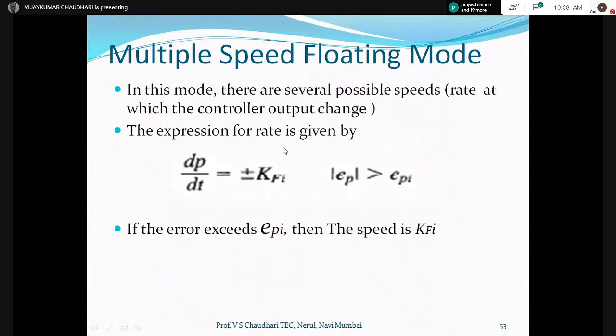The expression for the rate is dp by dt equal to plus or minus k. There it was only k; it can be plus or minus k1, plus or minus k2, plus or minus k3, where dp by dt is equal to plus or minus k1 for error greater than E1, plus or minus k2 for error greater than E2, and so on. If the error exceeds EPi, then the speed is ki.